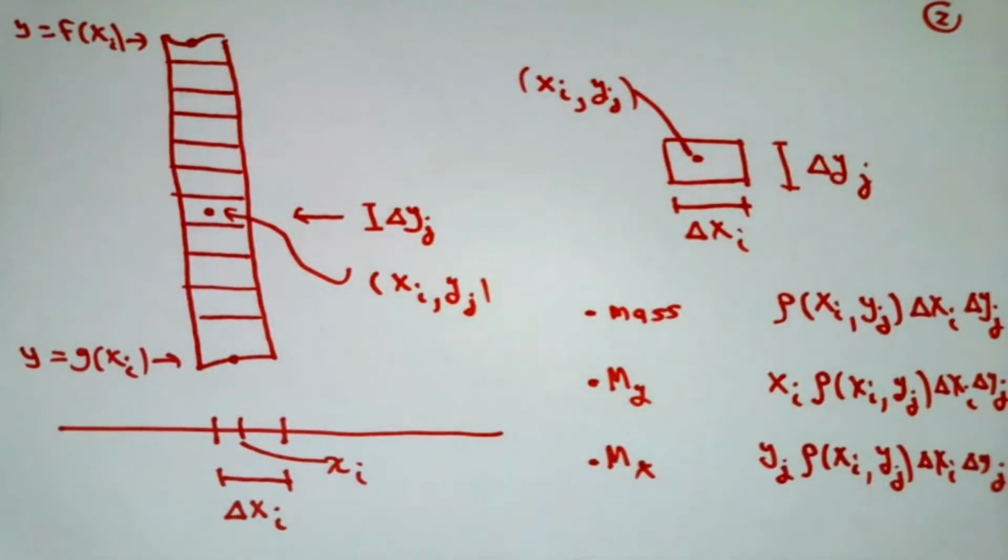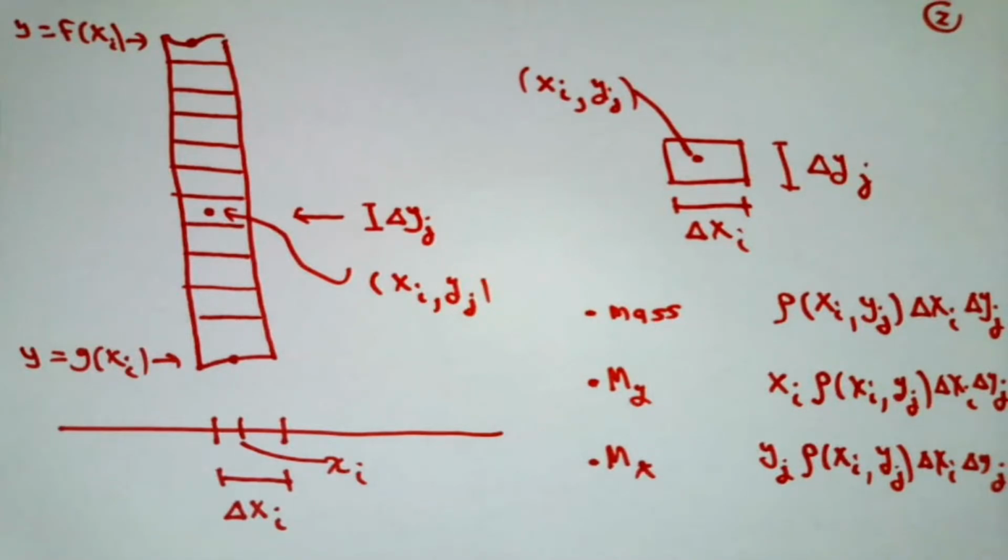And I want to emphasize again that if I'm just thinking about vertical strip number i, then the i is a constant, xi is a constant, delta xi is a constant, and as I move around on the strip, that corresponds to changing the index value of j.